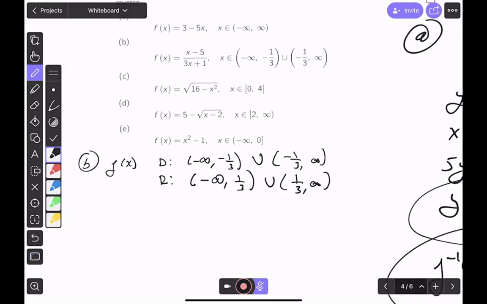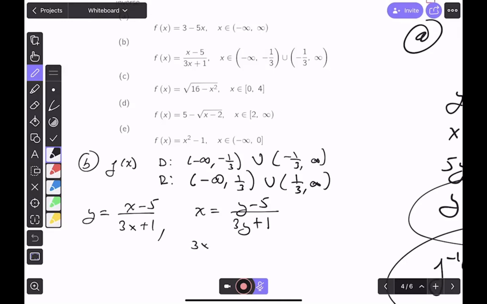All right. And I'm going to go through the work now. What's the work going to be? I'm going to change f of x, we're on B now, to y. I'm going to interchange the roles of x and y. Oh boy, this sounds like work, isn't it? I'm going to multiply both sides by the LCD.